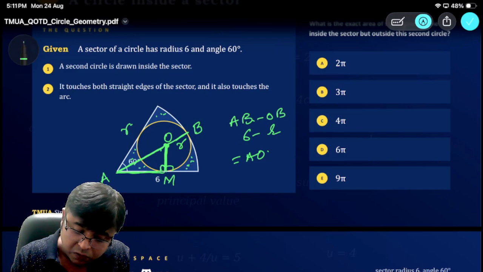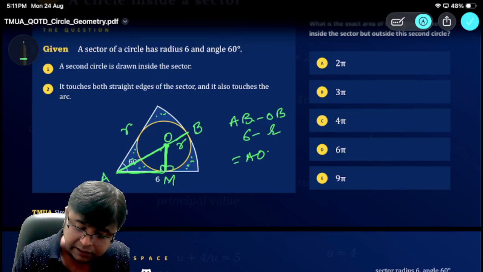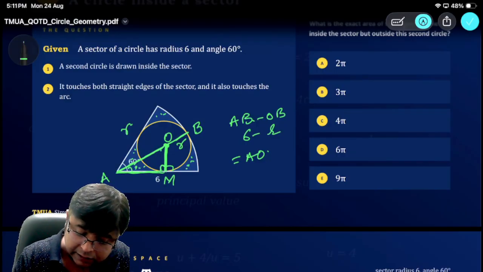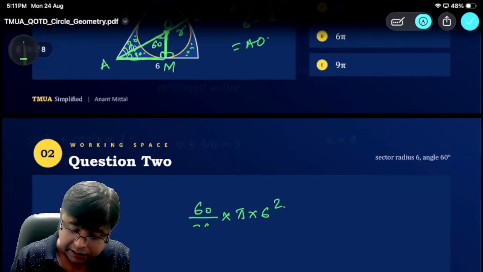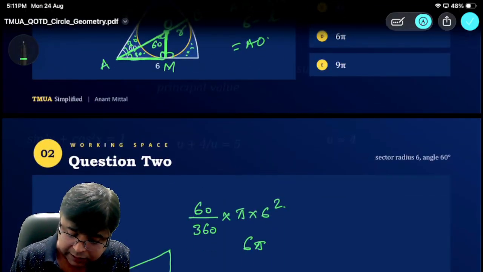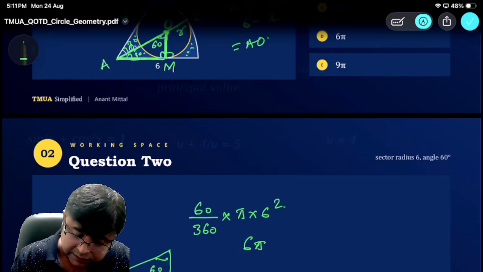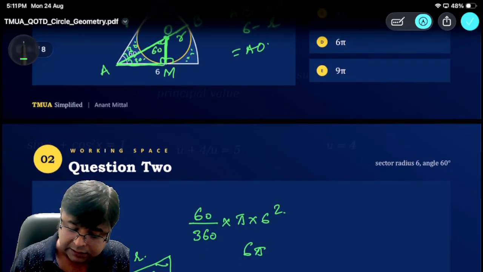I know that this angle is 60, so by symmetry this will be 30 and this will be 30. So this is the triangle: this is 30, this is 60, this is 90. And this is 6 minus R, and this is R.